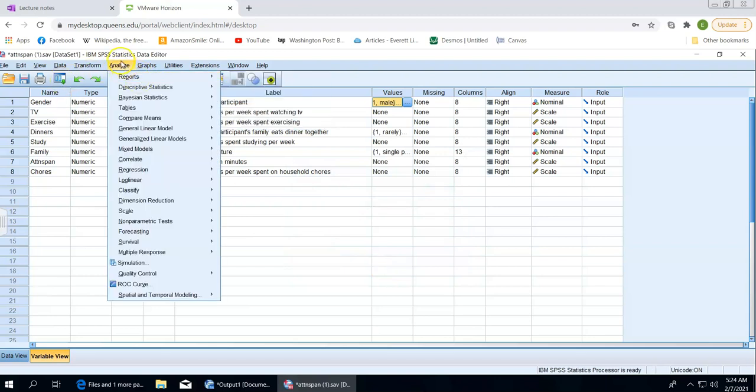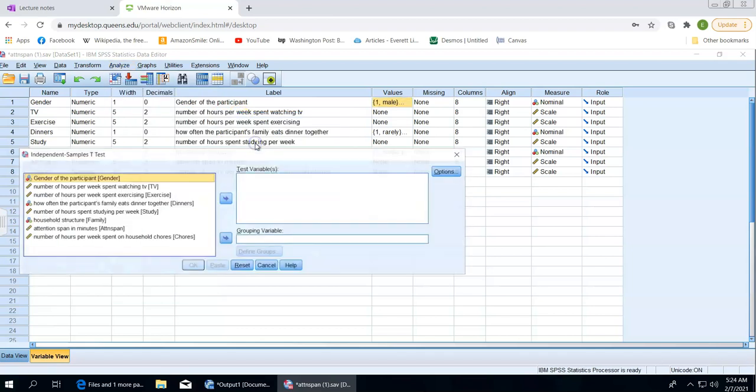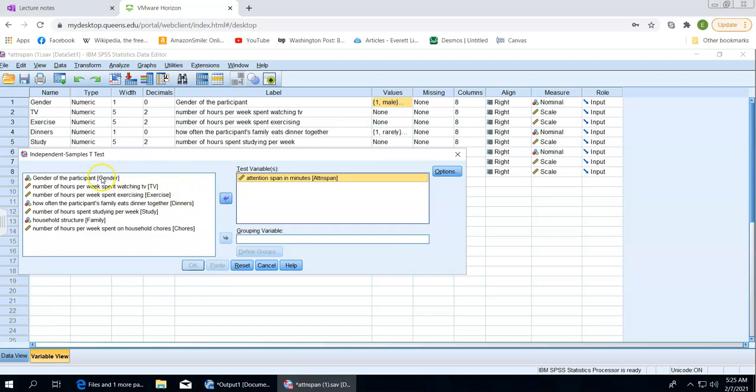So going back to Analyze, Compare Means, Independent Samples t-test. Our test variable, that's our numeric variable, is attention span. And our grouping variable is gender. And you see where it's got the question marks?